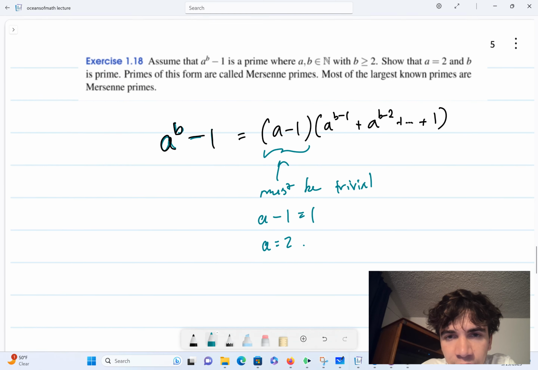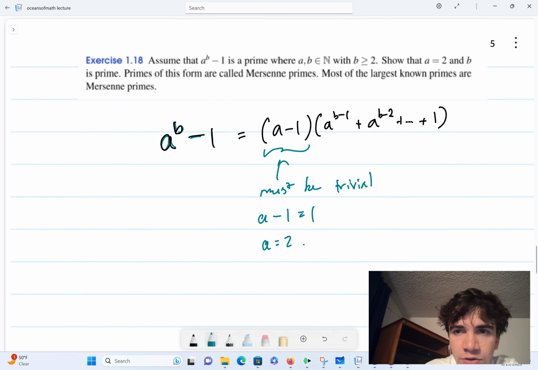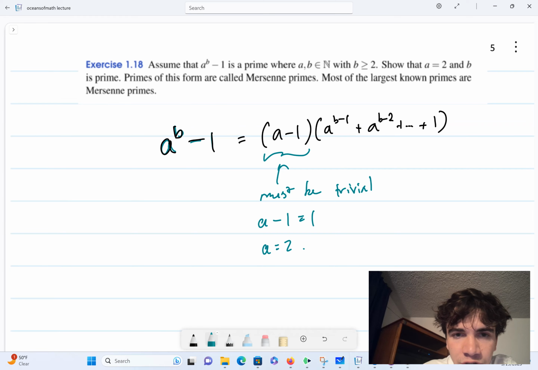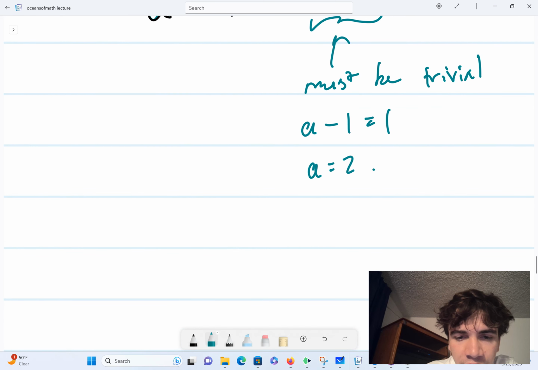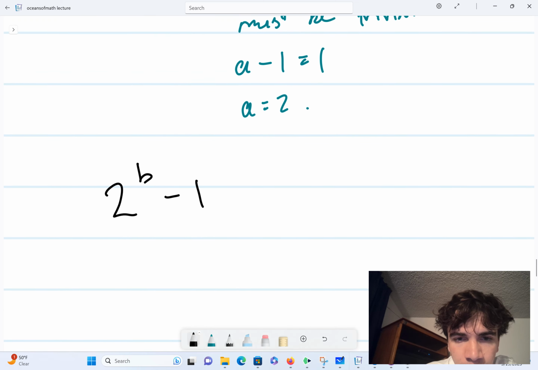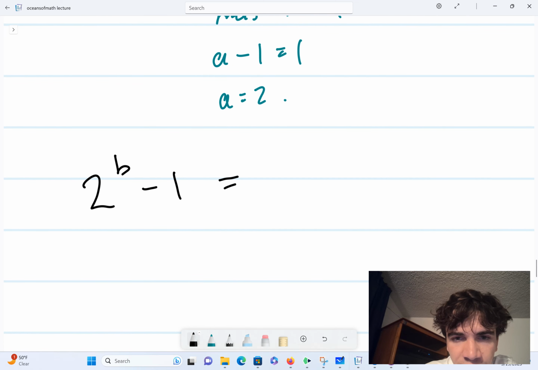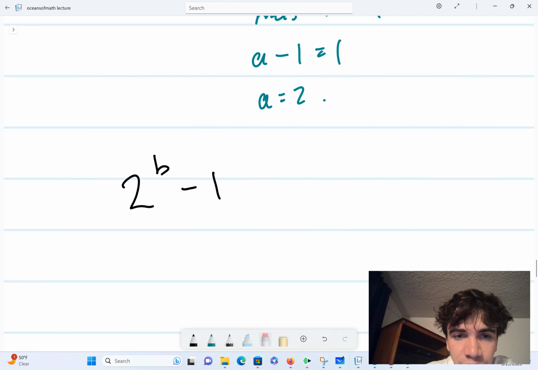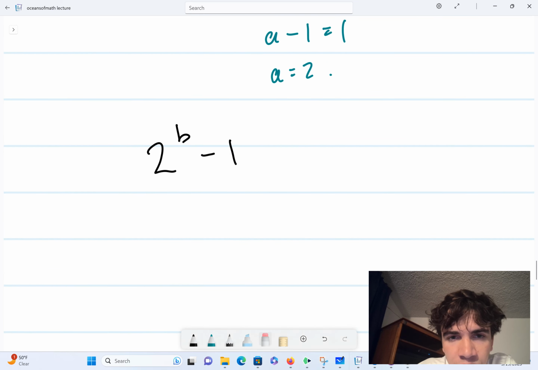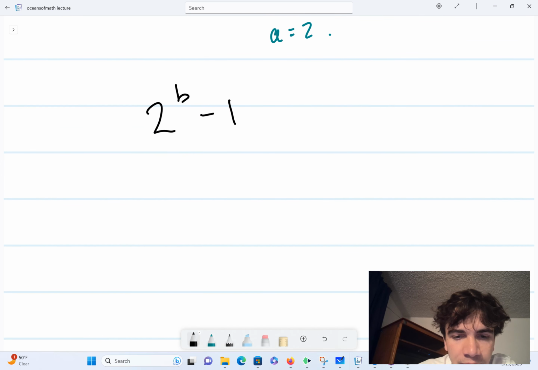All right, now the second part follows from a similar form. So we have now 2 to the b minus 1, and we've shown that this can be factored, and I'm not even going to write out that factorization, it's trivial. So now suppose that b is not prime, okay?